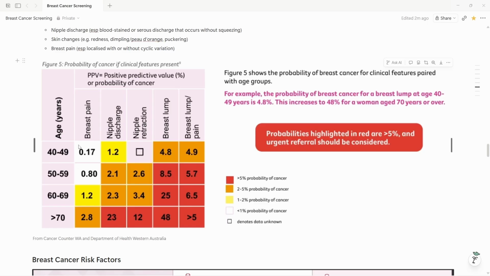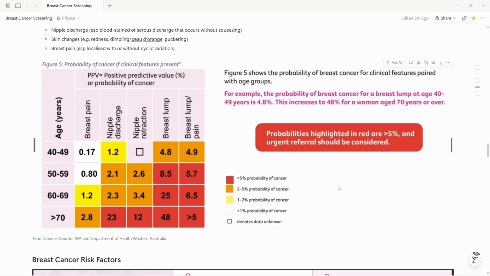You can see that the probability of these symptoms being breast cancer goes up with age, and that the symptom that provides the highest risk, regardless of age group, will be breast lump. As an example, the probability of breast cancer from a breast lump at age 40 to 49 years is 4.8%, and this jumps up quite significantly to 48% for a woman that is 70 years or greater.